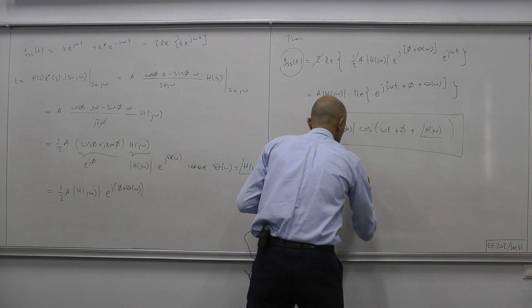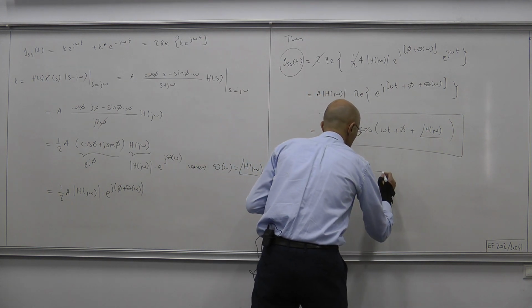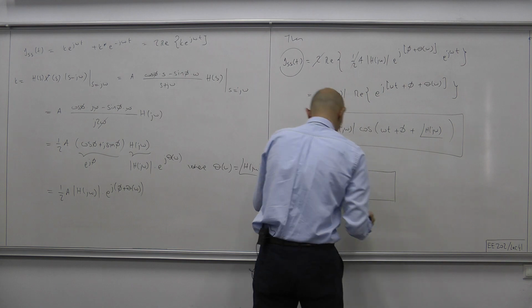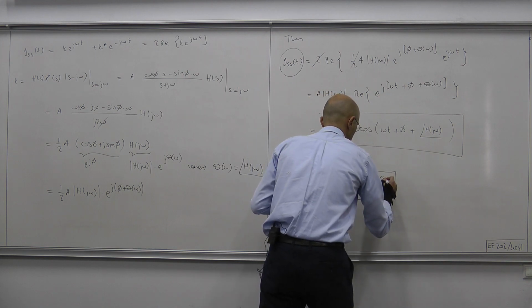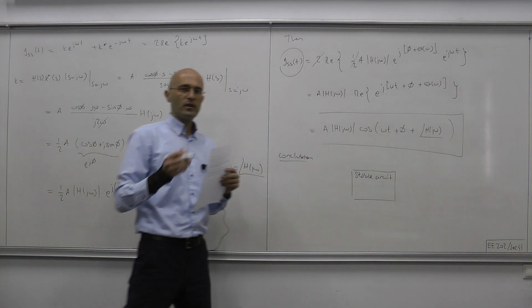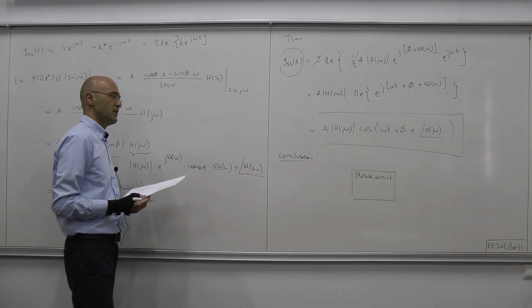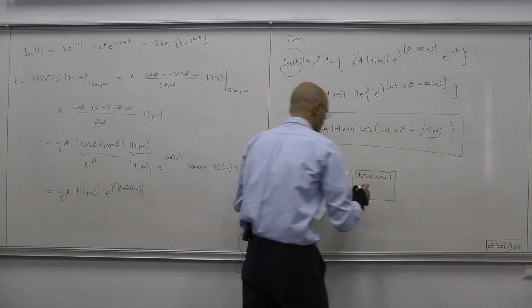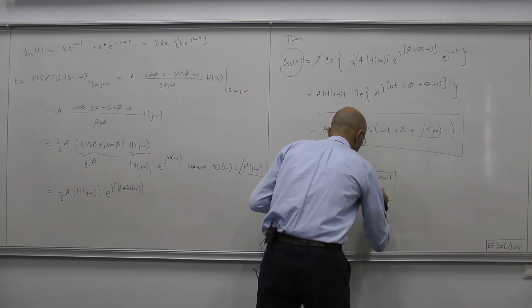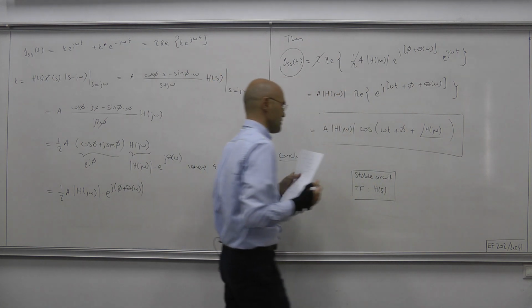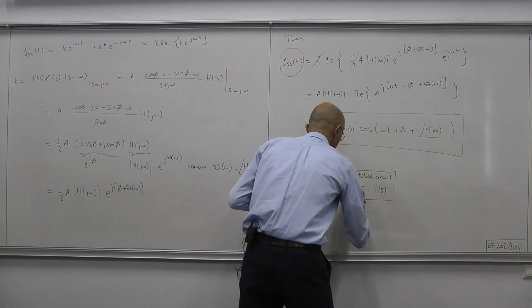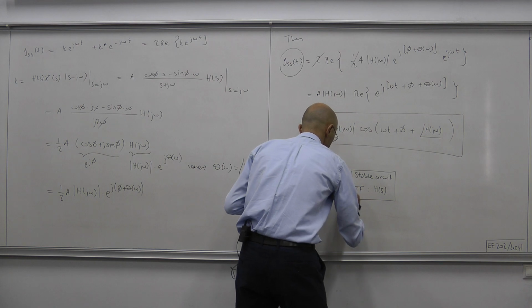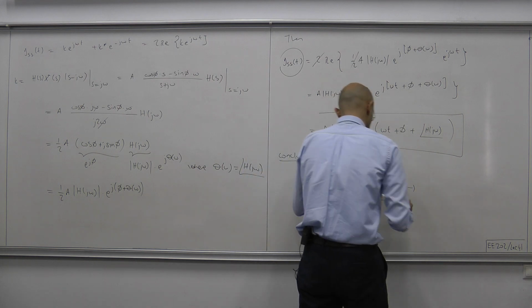Suppose that we have a stable circuit, that is, all the natural frequencies have strictly negative real parts. And for this LTI circuit, the transfer function is H(s). Here we have the input, and here we have the output.